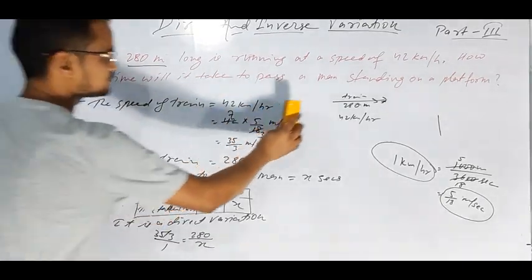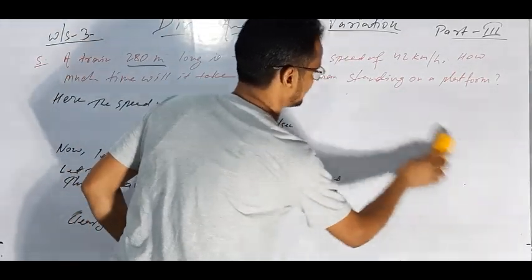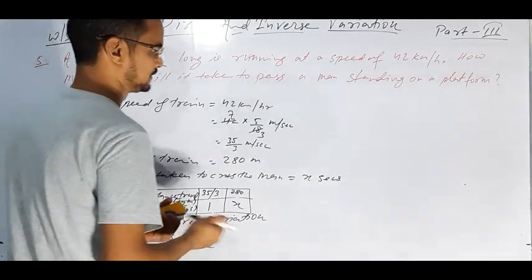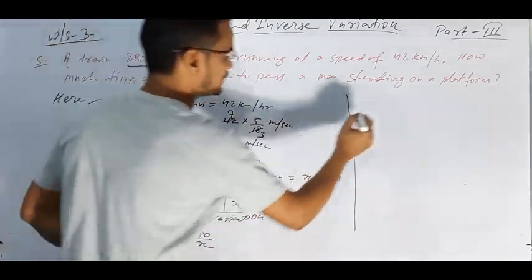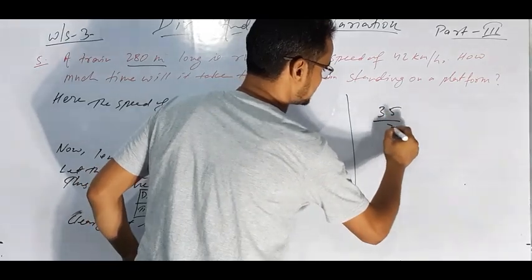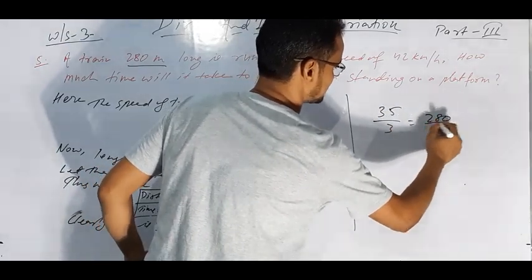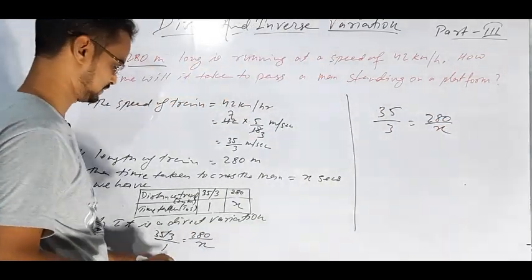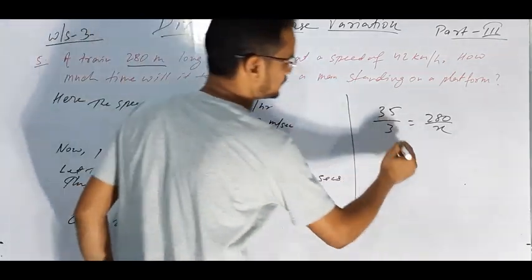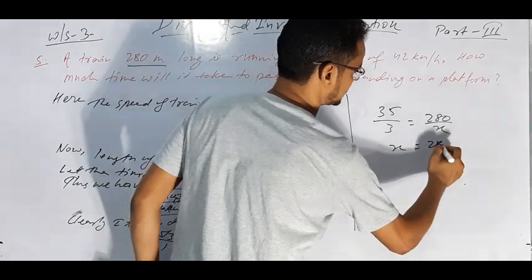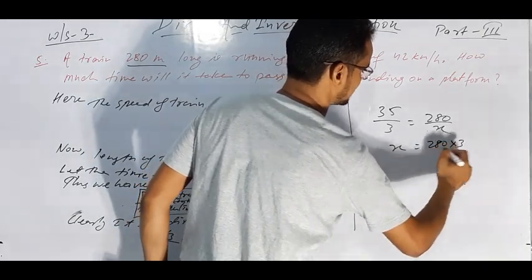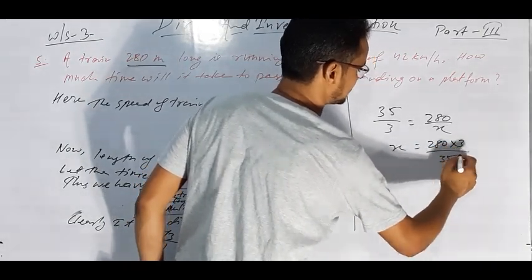Now solve it. 35 by 3 is equal to 280 by x. Solve this. x is equal to 280 multiplied by 3 divided by 35.